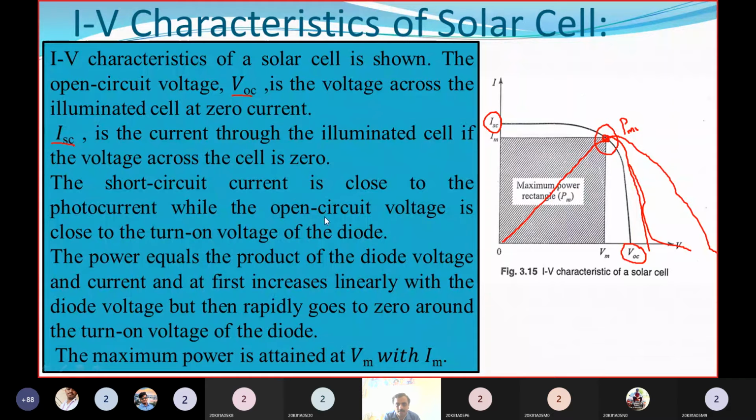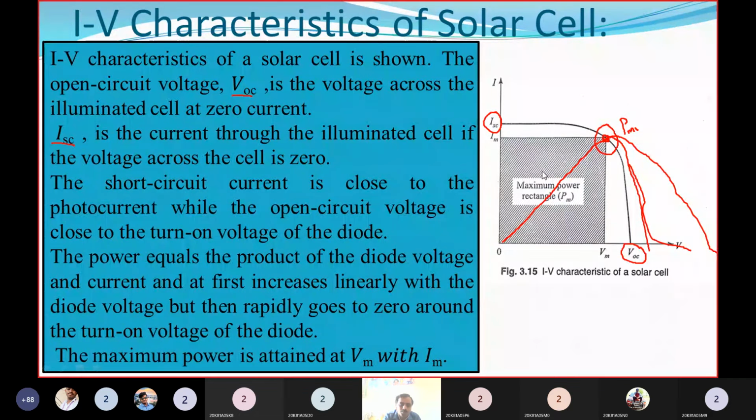To operate the diode, we require some voltage, so the open circuit voltage is close to the turn on voltage of the diode.